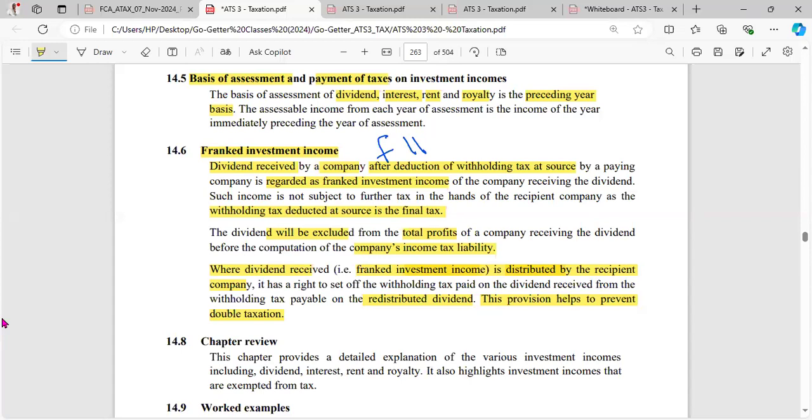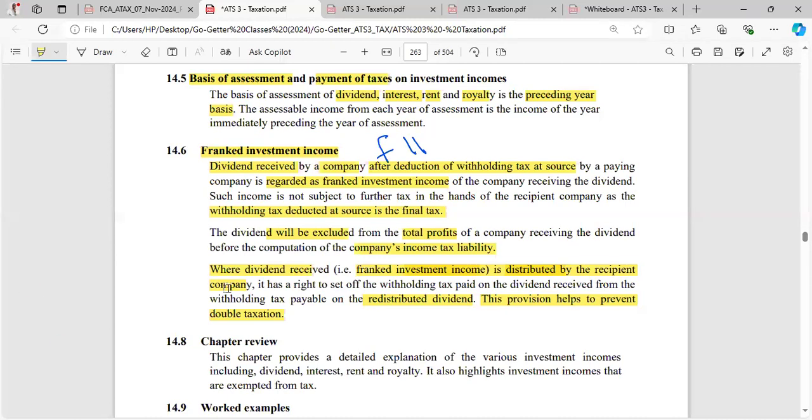So Go Getter was part of the shareholders of FCA, and if FCA is paying dividend to Go Getter, it means FCA is distributing dividends, and Go Getter has received its own distributed part. Now, redistributed is after you have received dividends that was distributed to you, you now distribute it again to another person. That is called redistribution. It is this redistribution that you are going to collect the tax suffered when it was distributed to you.